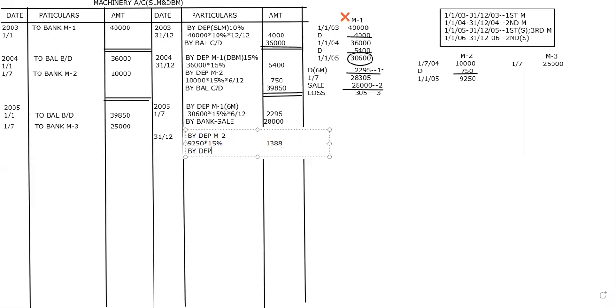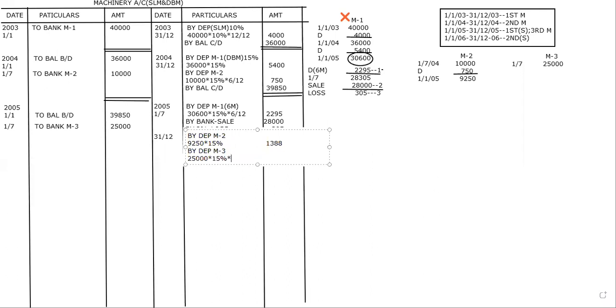Now next is by depreciation on machine number 3. We purchased it somewhere in the mid of the year. So what is the asset value? 25,000. 25,000 into 15% into, first time కొన్నాం కాబట్టి we have to see the number of days, how many months we used.